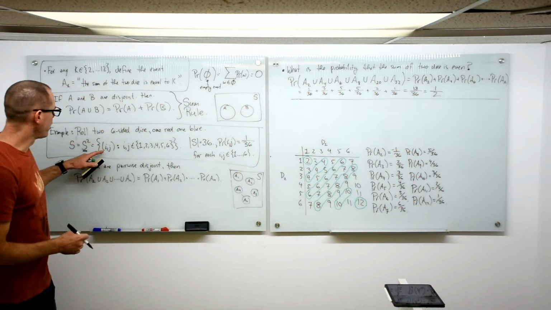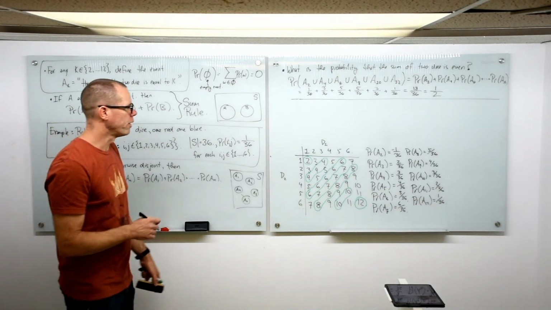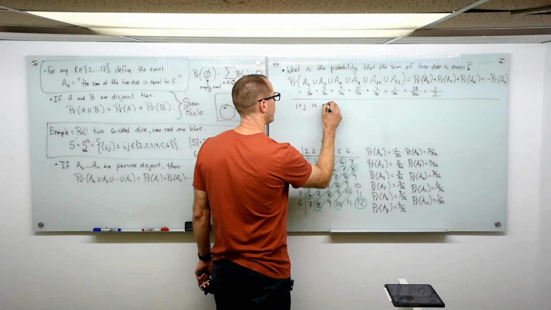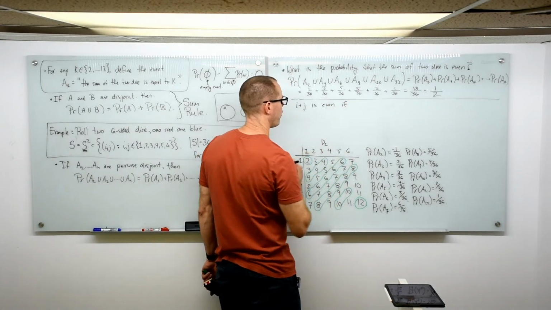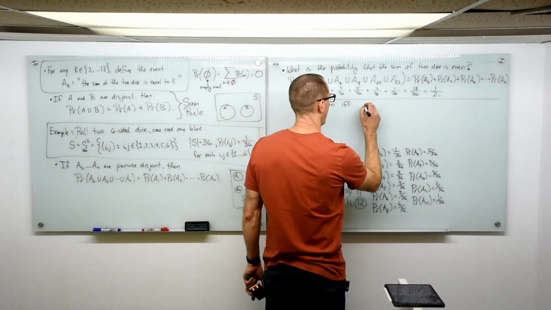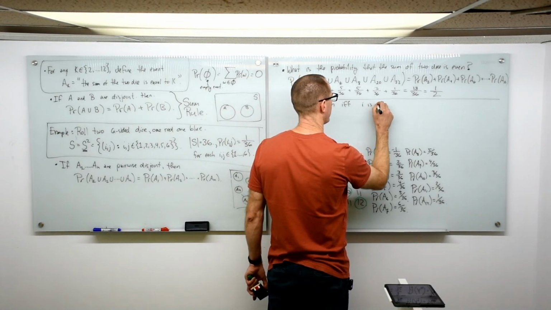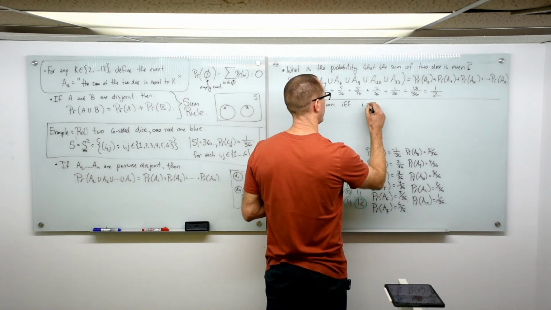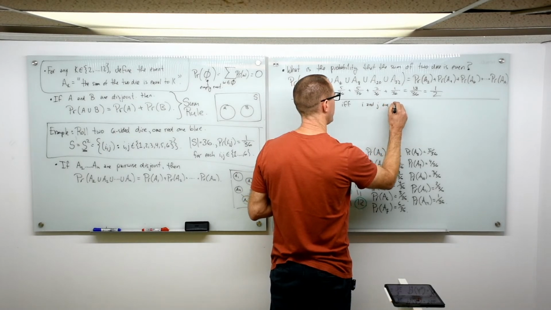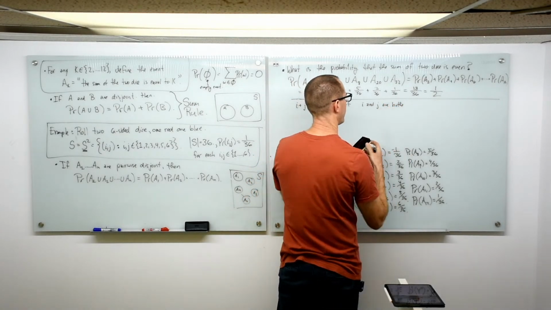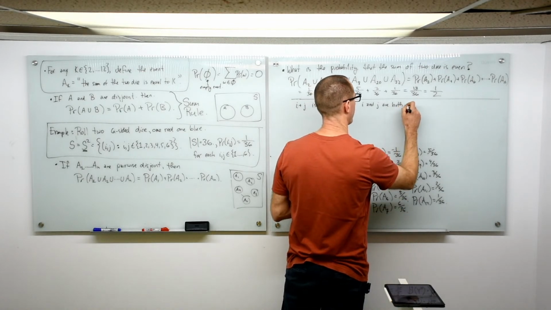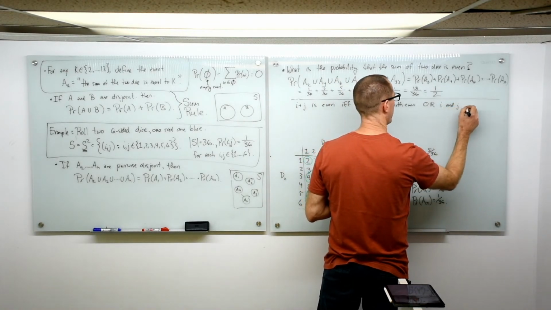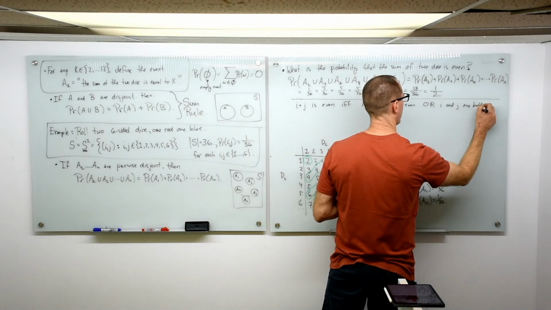So remember, our dice are called I and J. The outcomes that come up are called I and J. So I plus J is even if, and only if, I and J are both even, or I and J are both odd.